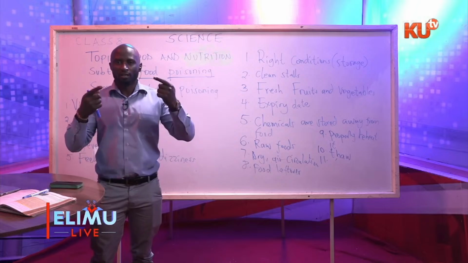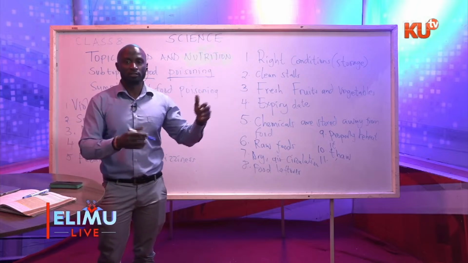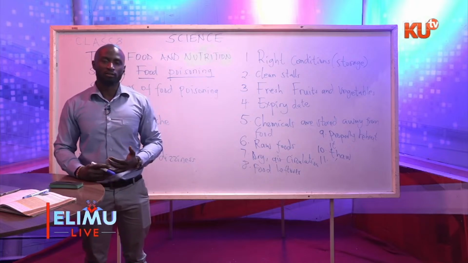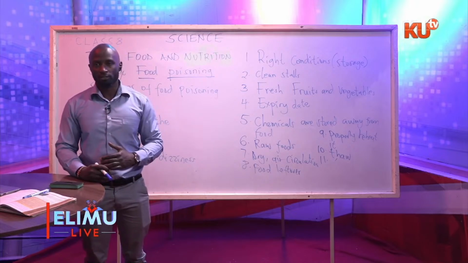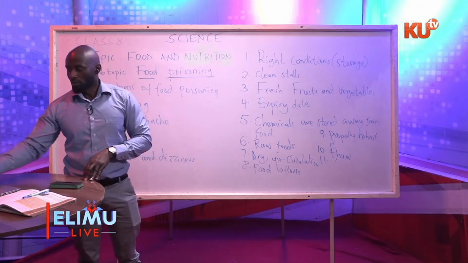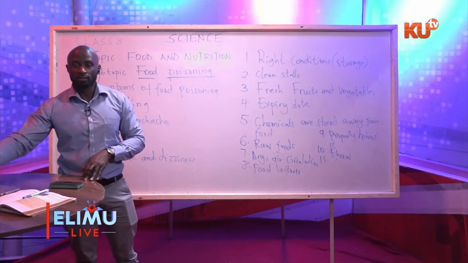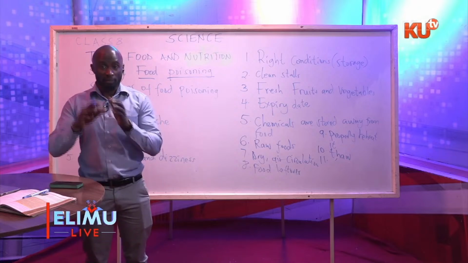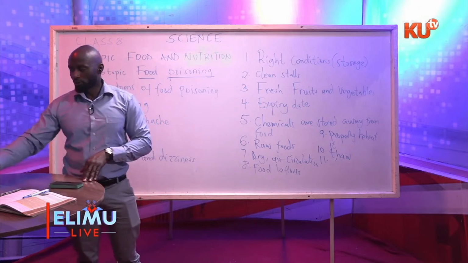The toxins can occur naturally. And we've looked at 3 main things. We talked of maize that is not well dried or is placed in a damp place, that will have aflatoxin. We talked of some tubers, for example cassava, where some parts are highly poisonous.